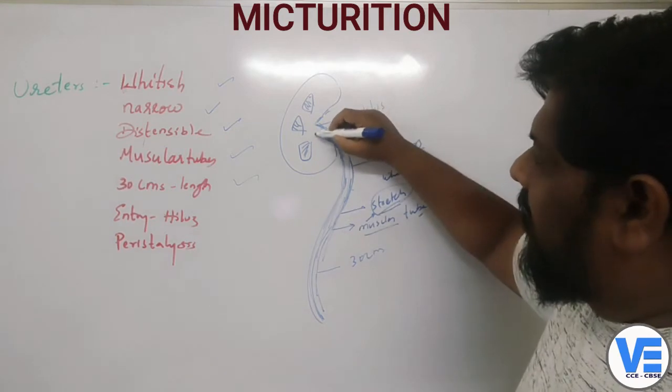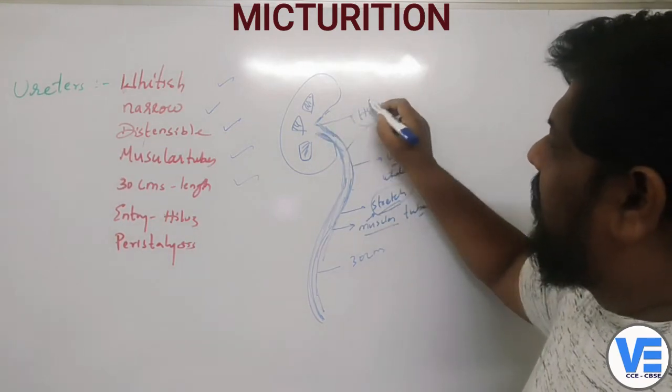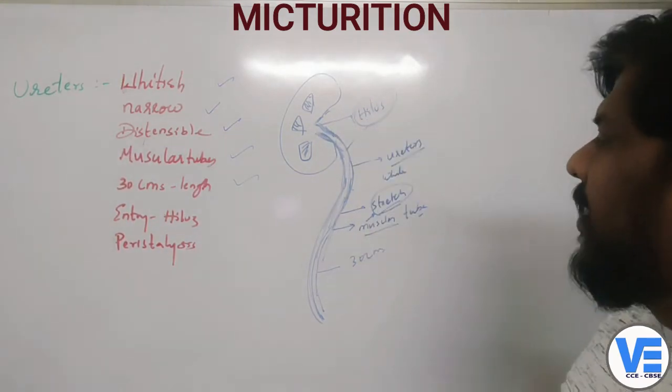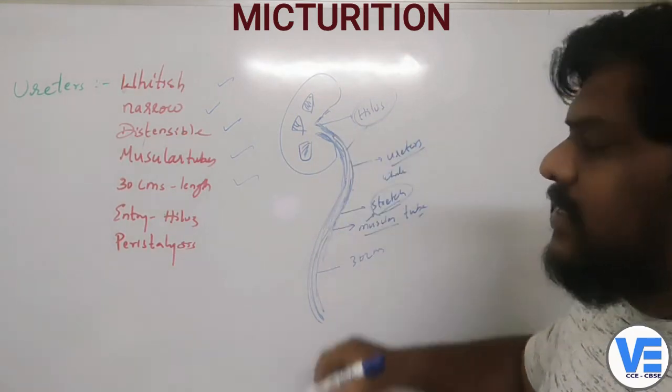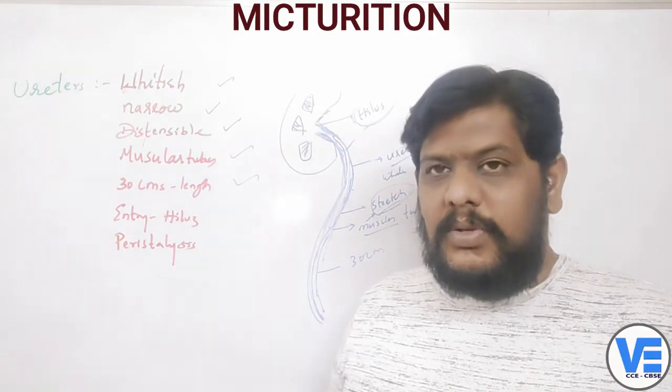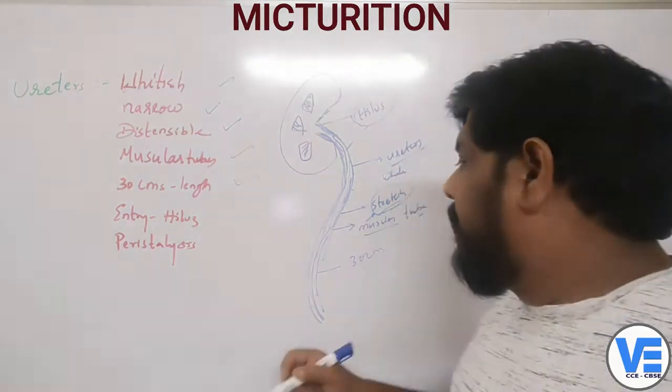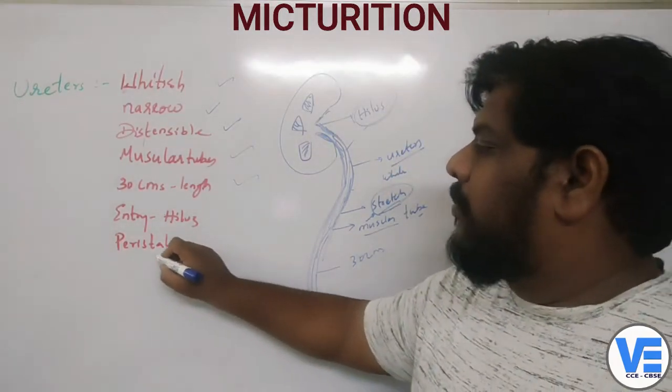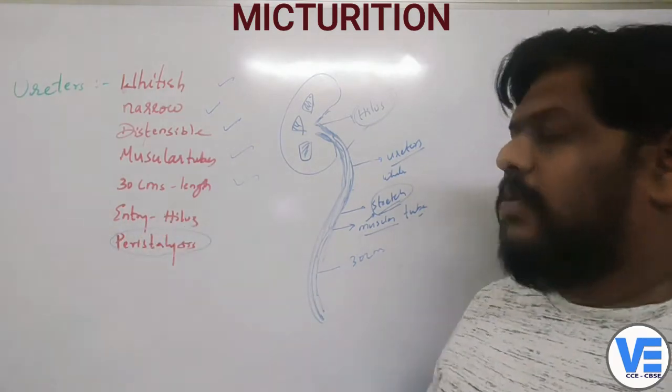So the place where it's coming out is called the hilus. And the urine will not directly come as it does in a water pipe or a pump. It will take peristaltic movements. The process of peristalsis will also happen here.